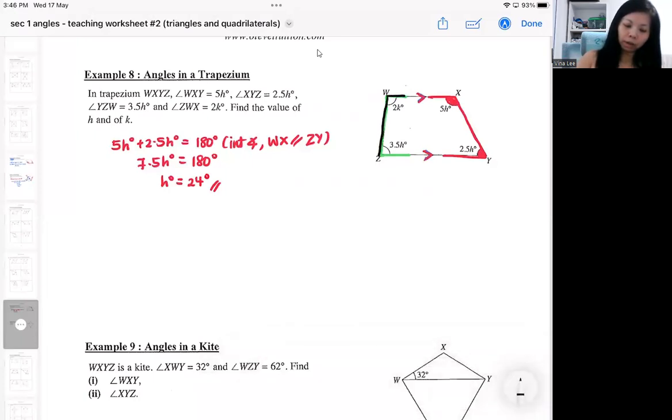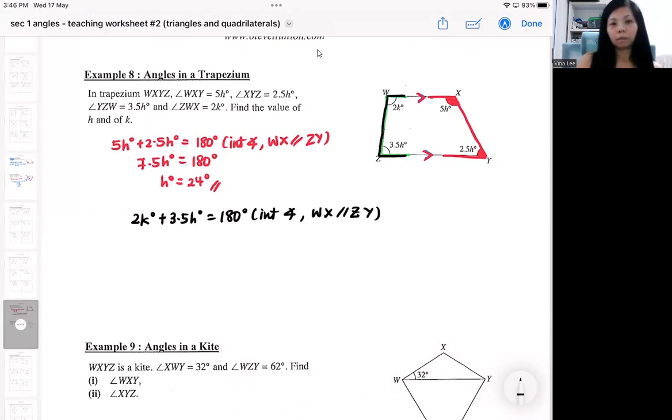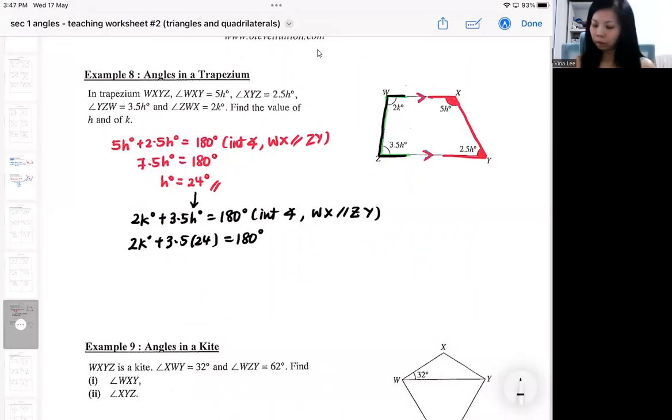Then I'm going to do the other side. This is also an interior angle, which means 2K plus 3.5H is also 180, coming from WX parallel to ZY. Again, you set up the algebra and put in the H that you already found: 3.5 times 24, so you've got 2K plus 84.